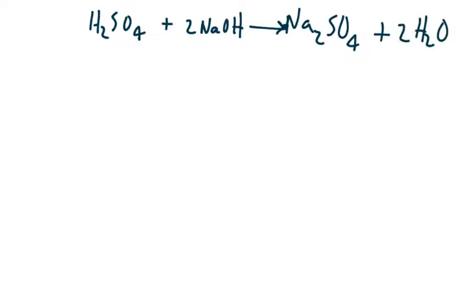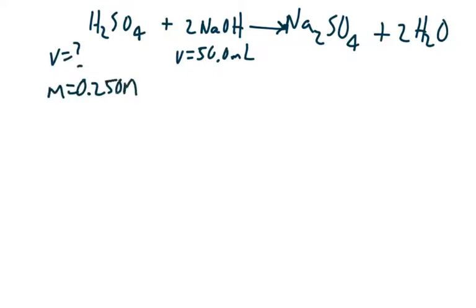We are told that we have a volume of 50 mLs, and that we're looking for this volume. We are given the molarity of the unknown, 0.250, and the molarity of the known, which is 0.100. If you do the stoichiometry, remember the first step is to multiply molarity times the volume in liters to change it to moles.